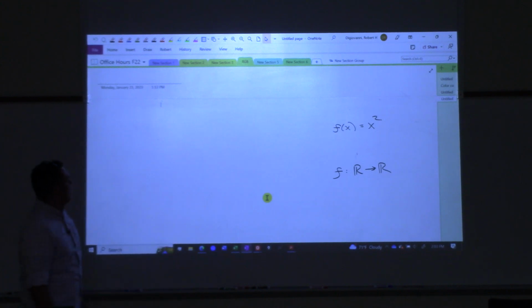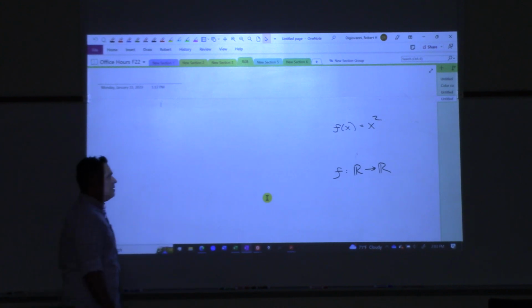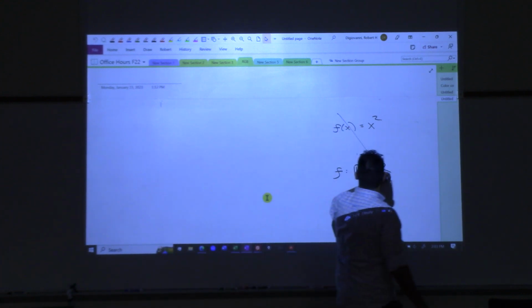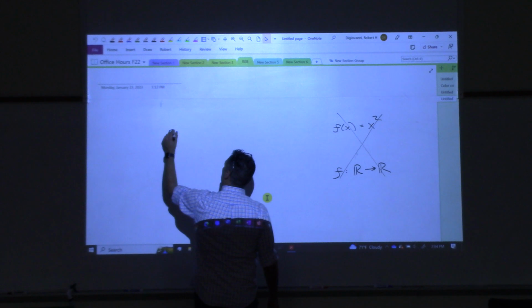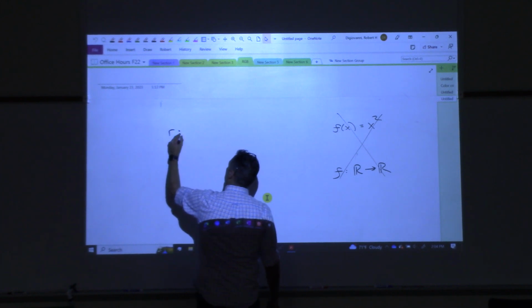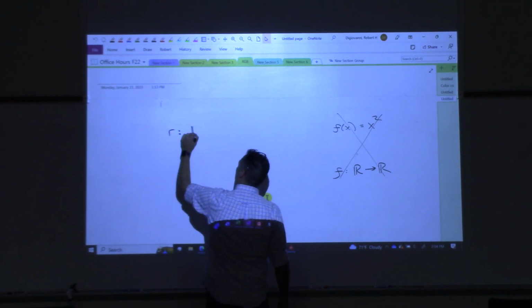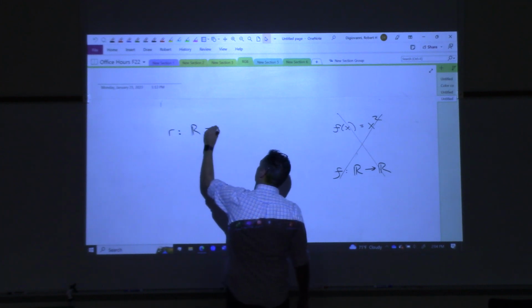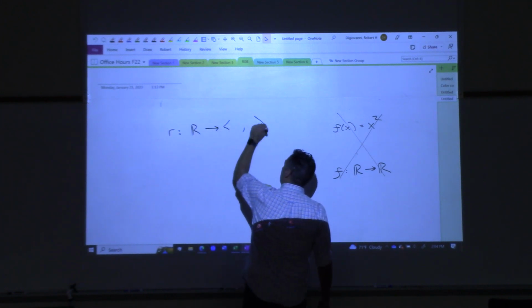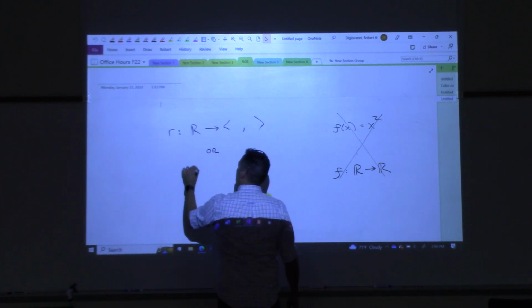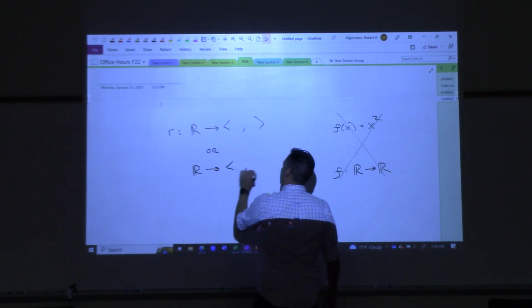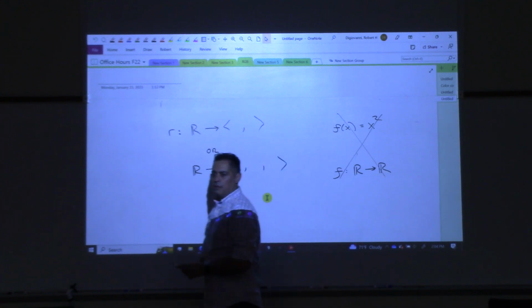What we're going to be looking at now are functions that don't do this. We're going to be looking at a function, but we're going to call it R. And this function is actually going to take in a number, and it's going to spit out either a two-dimensional vector, or it's going to take a number in and spit out a three-dimensional vector.